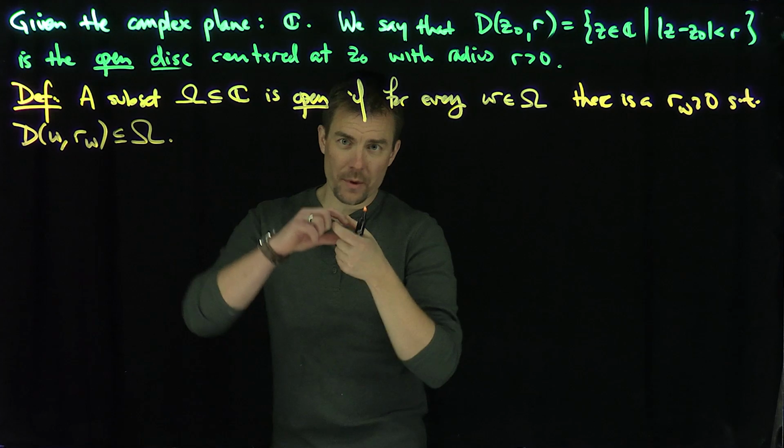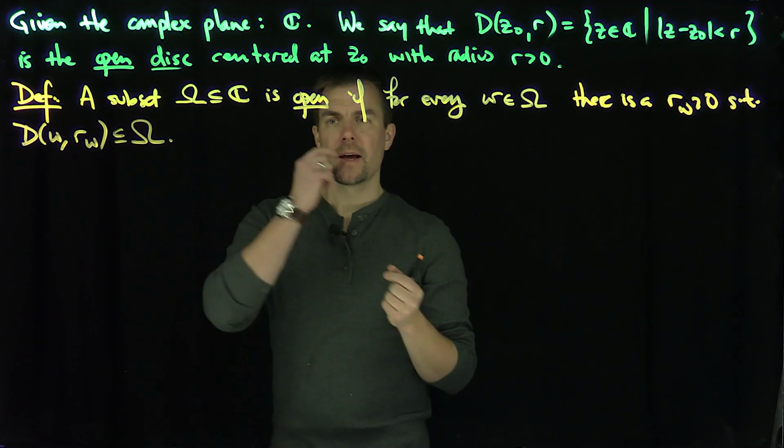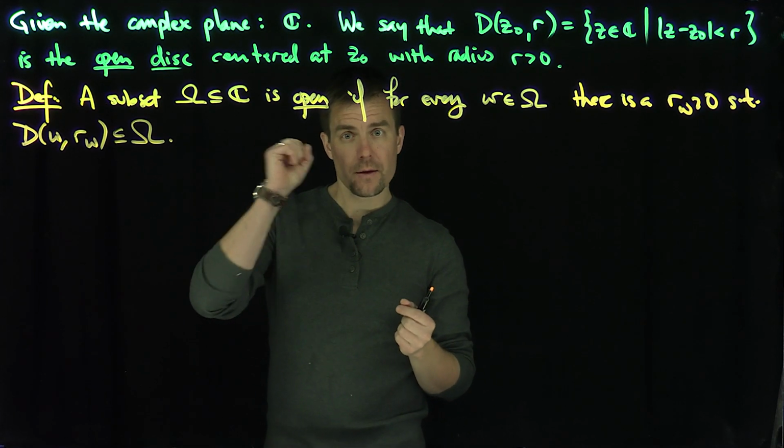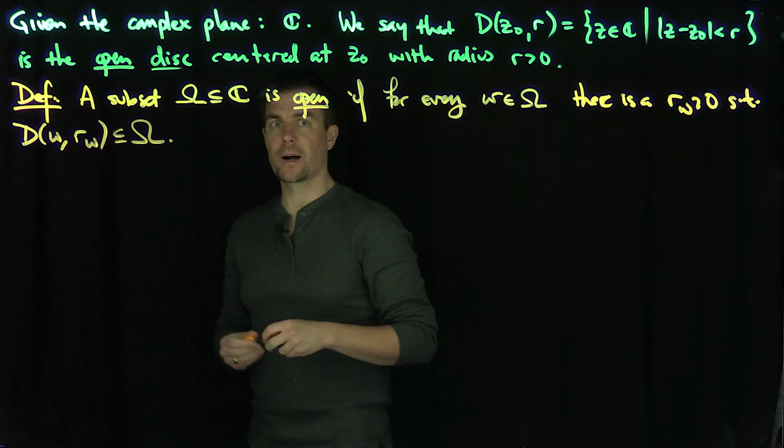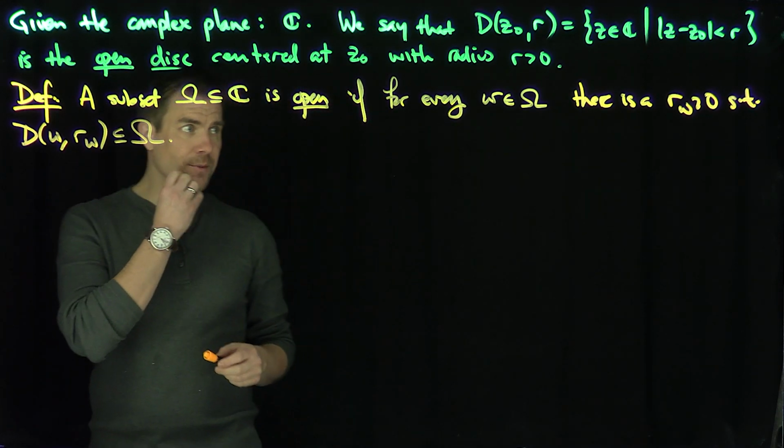That just means there's an open disk around every point in omega that's strictly contained in omega. So that's what it means to be open.